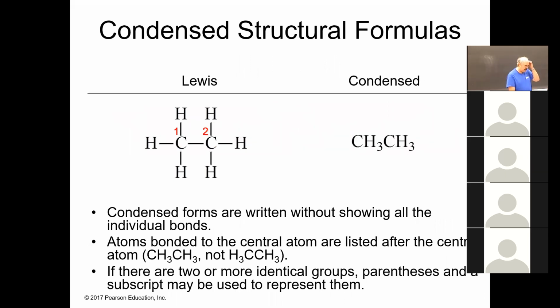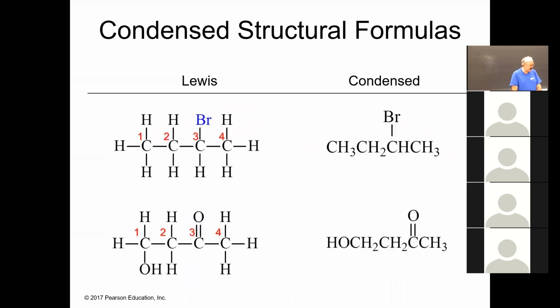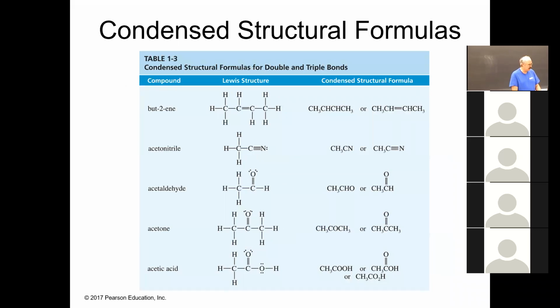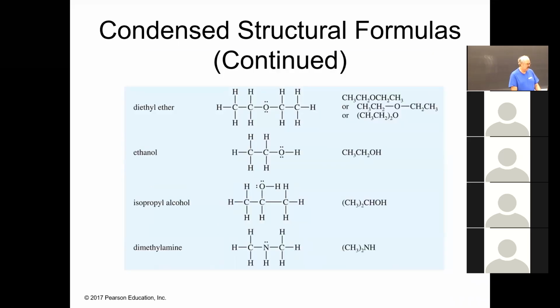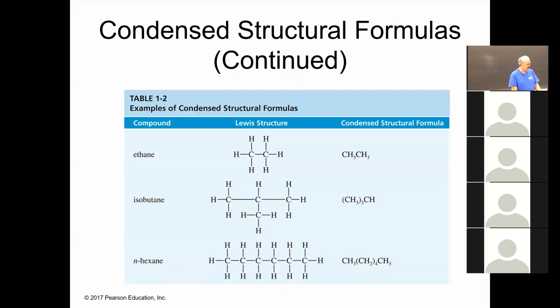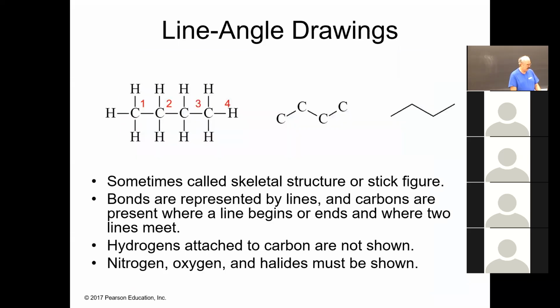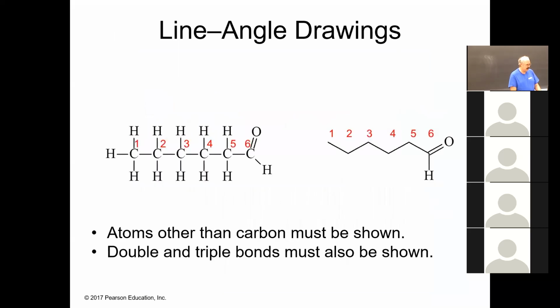Be able to draw and recognize condensed and line angle formulas. I'm going to move through this fairly quickly. So these are line angle drawings. Heteroatoms need to be shown explicitly. Double bonds need to be shown explicitly.